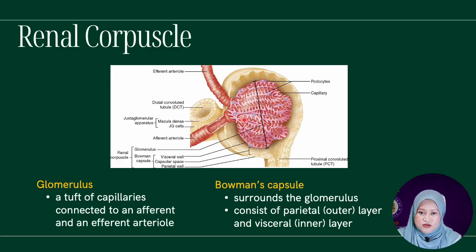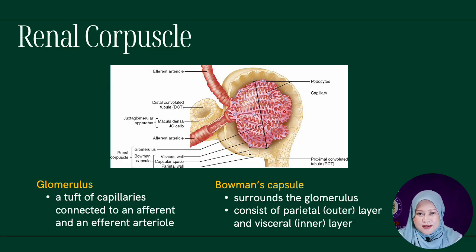So as blood flows through the glomerular capillaries, part of the plasma is filtered across the filtration membrane into the space between the two layers of Bowman's capsule. So this space is called Bowman's space. The fluid that collects there is the glomerular filtrate. So from Bowman's space, the filtrate flows into the renal tubule for further processing.